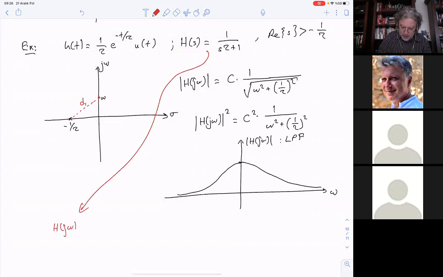H of j omega is equal to 1 over j omega plus tau. In fact, h of j omega was this. And this is its magnitude. And when omega is equal to 0, h of j omega becomes 1 over tau. So I expect this value to be equal to 1 over tau.